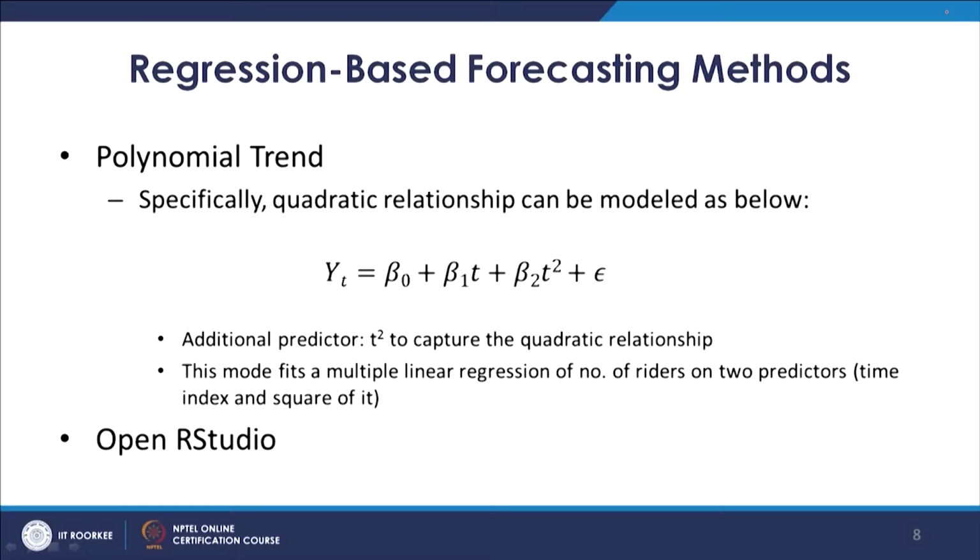Three types of trend shapes till now we have been able to model: linear trend, exponential trend, and polynomial trend. And we saw that even though the linear trend and the exponential trend were found to be significant, there was a significant gap in terms of performance on the test set.